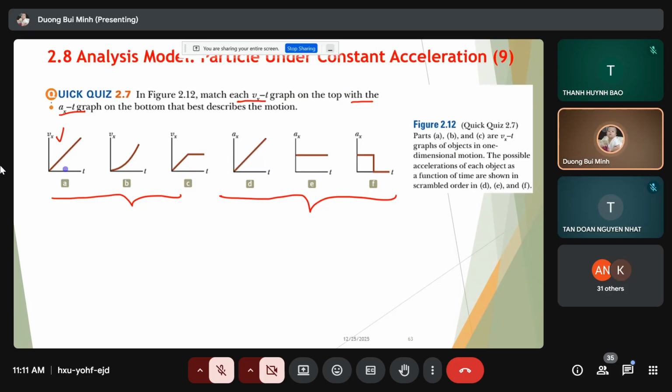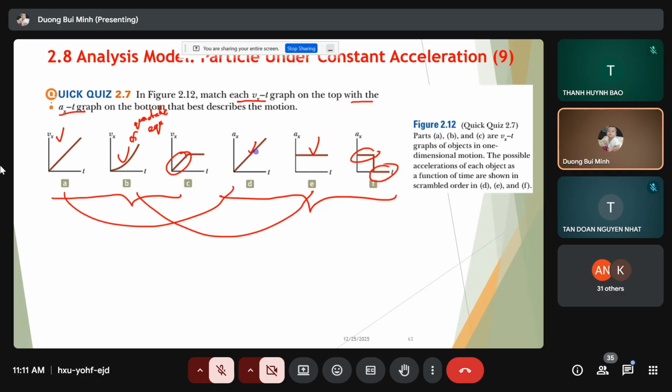If Vx is linear, ax must be constant. If Vx is non-linear, ax is linear. I mean, we assume this one is a quadratic equation. And if Vx is constant, ax is 0.